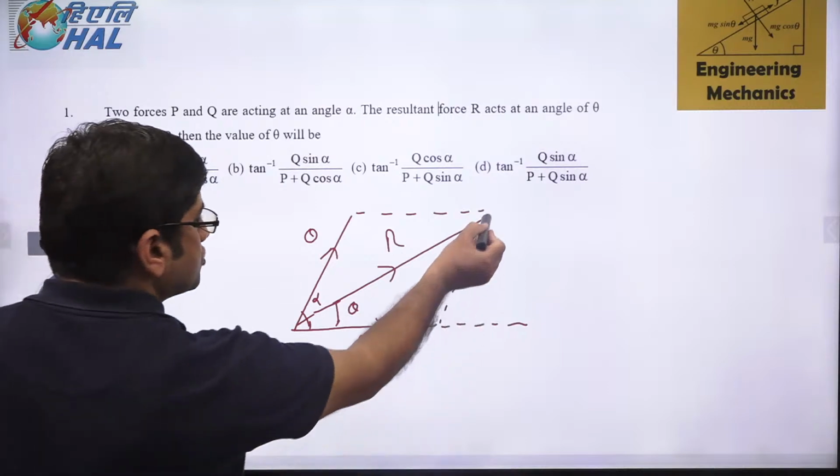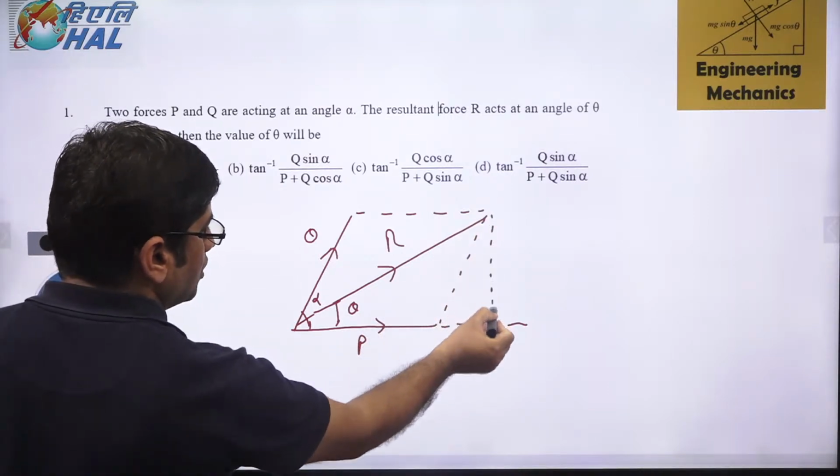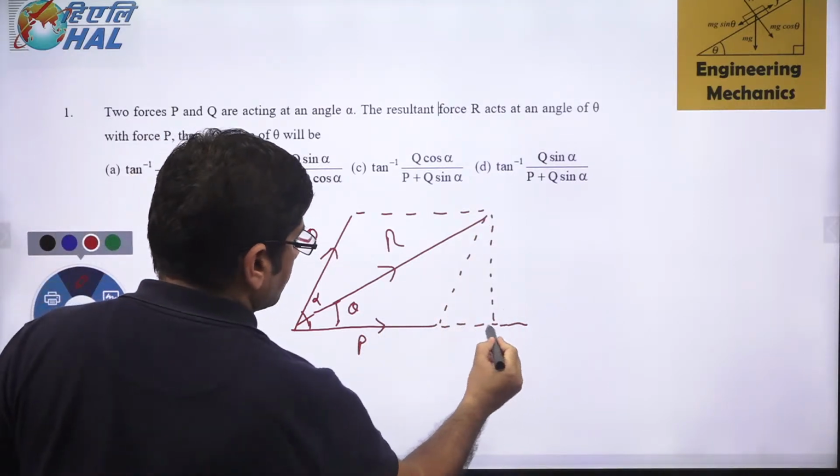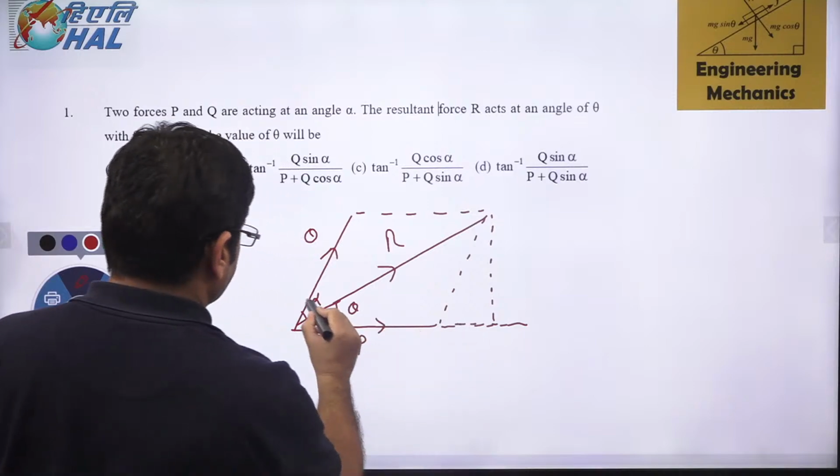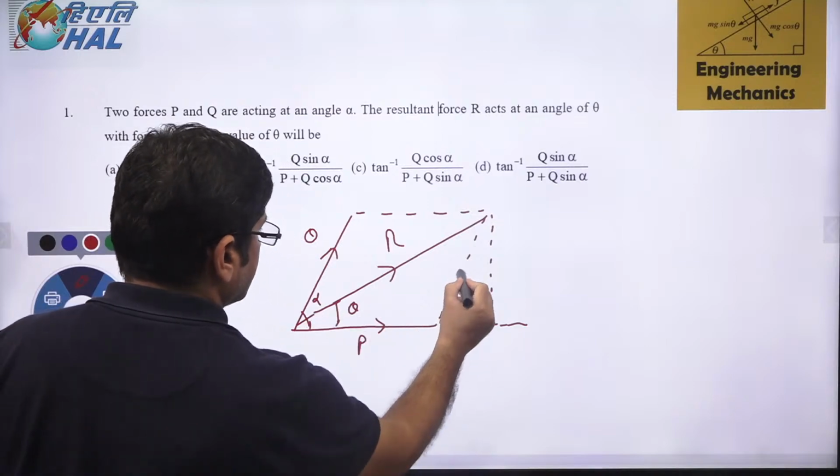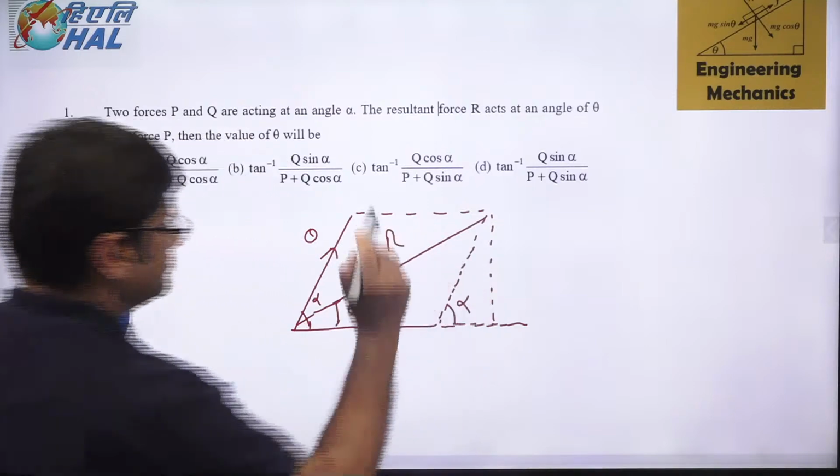Now the parallelogram theorem says, let me make a small diagram here. If this is alpha, then this one is also alpha, right?